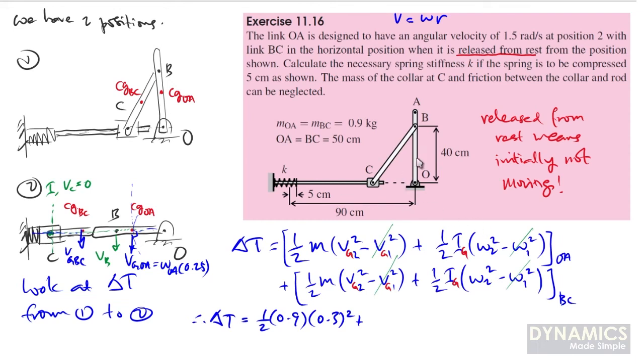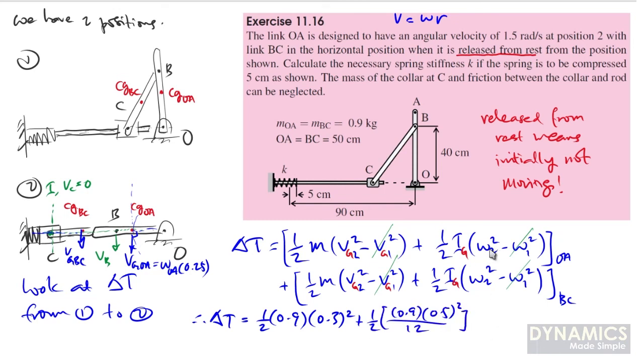In this case we just have a rod, so I at the CG of the rod, perpendicular to this plane, will be equal to ml squared over 12. So we have 0.9 times the length, which is 0.5, squared over 12, for the half.